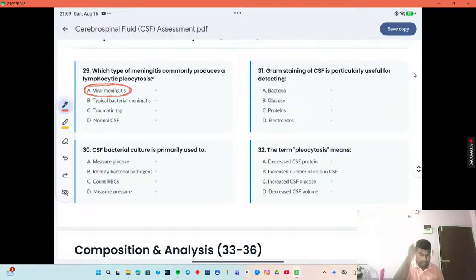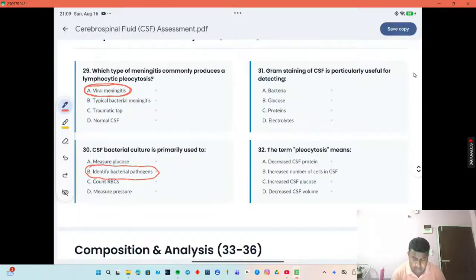Is it clear? Now the question is, CSF bacterial culture is primarily used to identify the bacterial pathogens which are present in our cerebrospinal fluid sample.